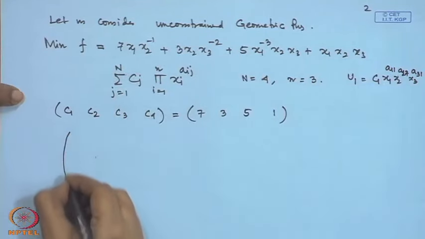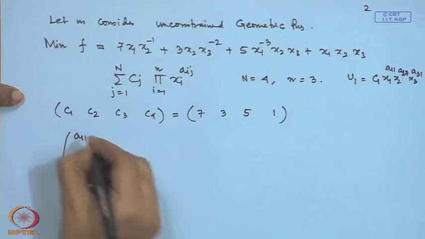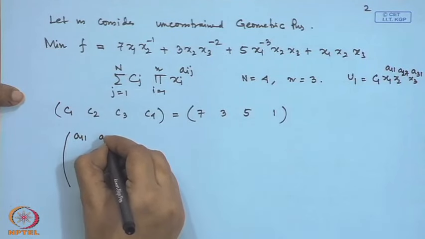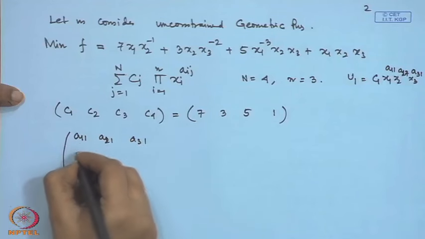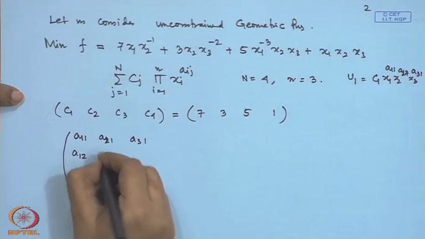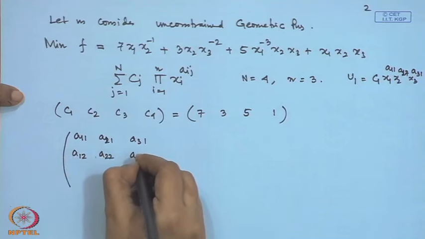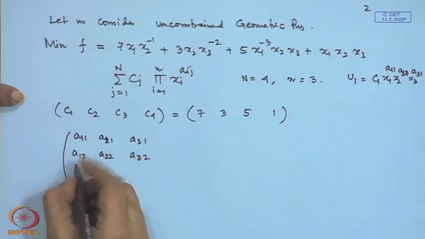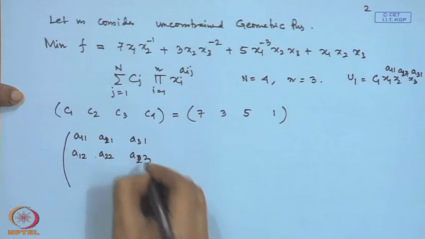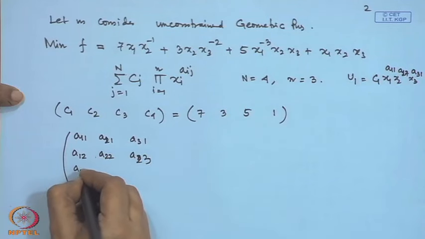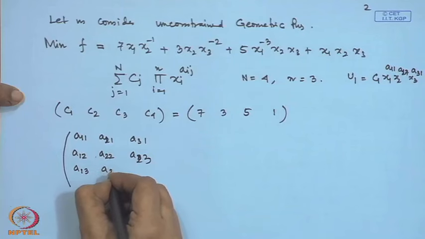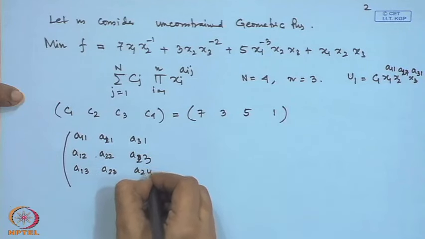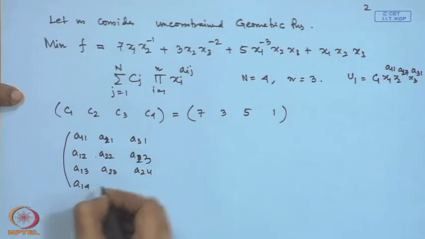If I write down all the information together: a11, a21, a31; from the second term a12, a22, a32; then a13, a23, and so on, up to a14, a24, a34.